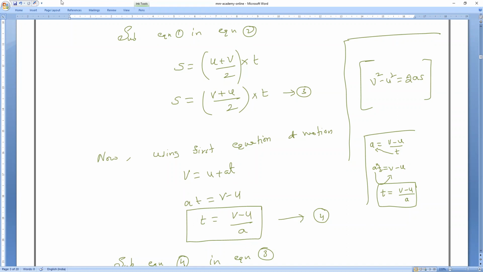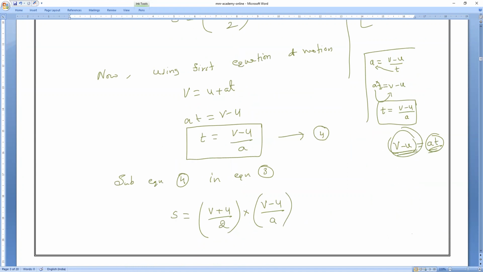Yesterday, when we were deriving the third equation, in place of V minus U we wrote AT. Do you remember, Shivani? In the graphical method, we replaced V minus U with AT.